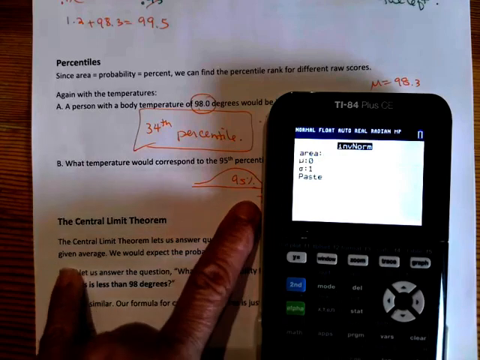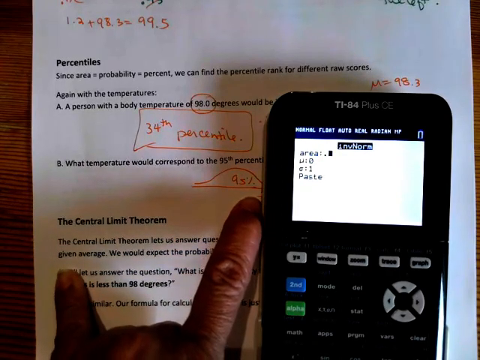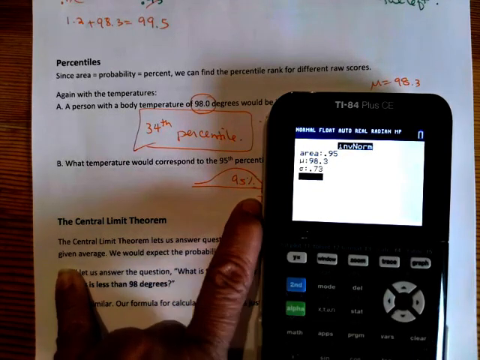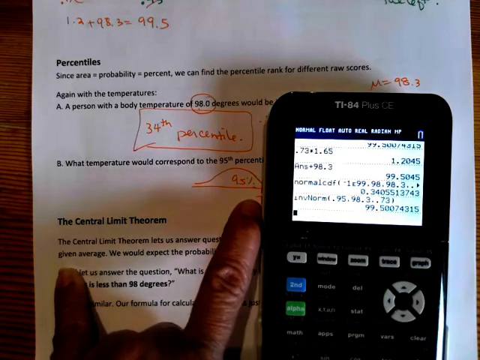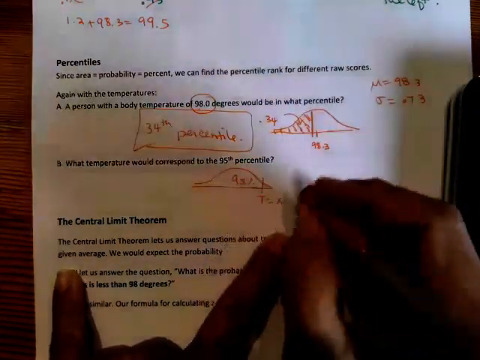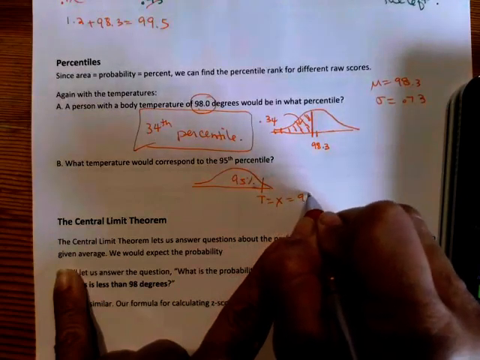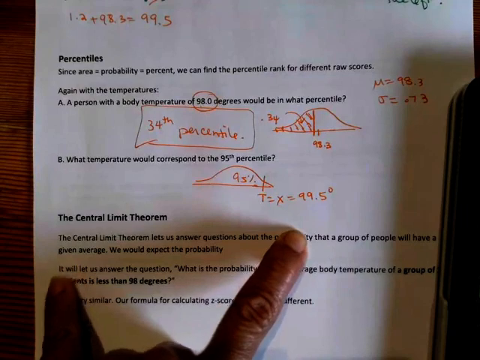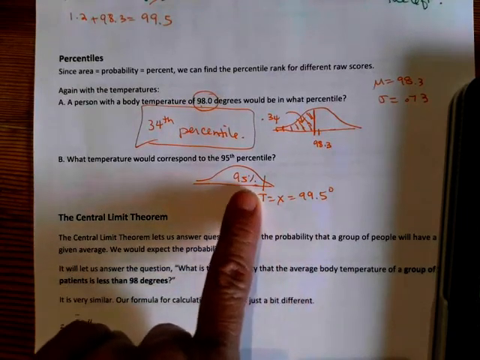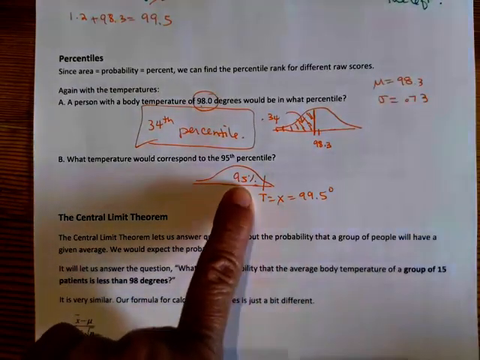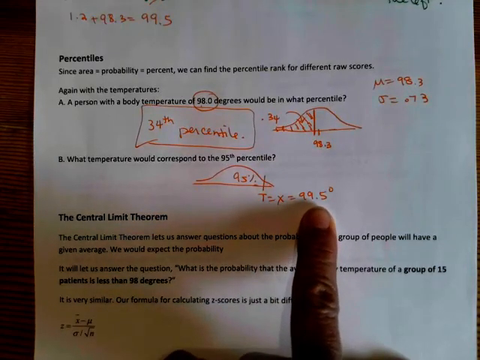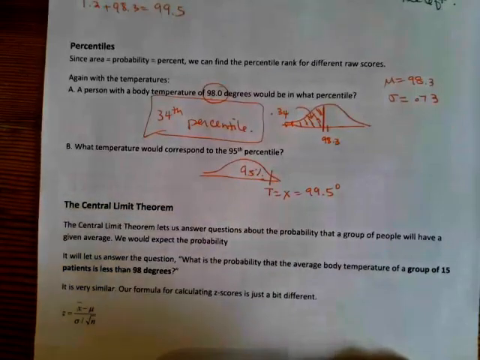Inverse normal, again, the idea is you do the area to the left, tell it the mu you have and the sigma you have, and 99.5. Oh, we found that one already, didn't we? So 99.5 degrees is the temperature that corresponds to the 95th percentile. 95% of the population has a resting body temperature less than 99.5 degrees.